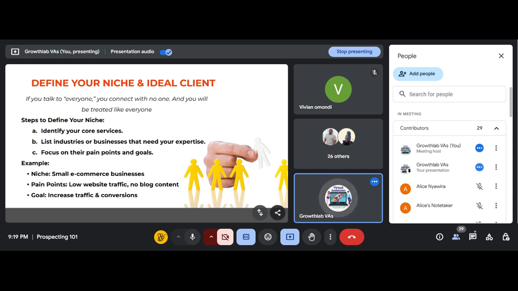So their goal or their promised land is that they will have increased traffic and they'll have conversions. And this is where the people visiting the website will buy or subscribe to whatever the small business is offering. And the skill that I have, which will help them move from the pain points to the goals, is that I'm an SEO expert and I'm a content writer or a blog writer.